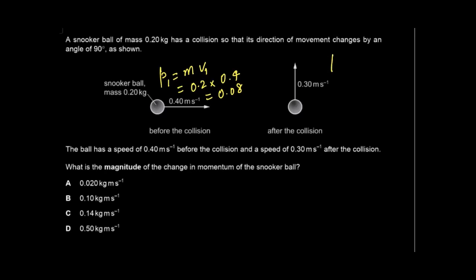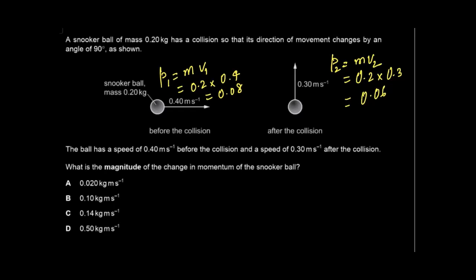And after the collision, let's say the momentum is P2, which is equal to m v2, 0.2 multiplied by 0.3. This is equal to 0.06.